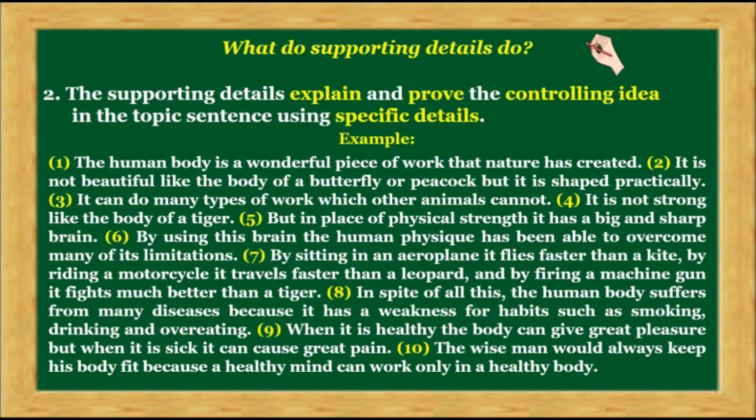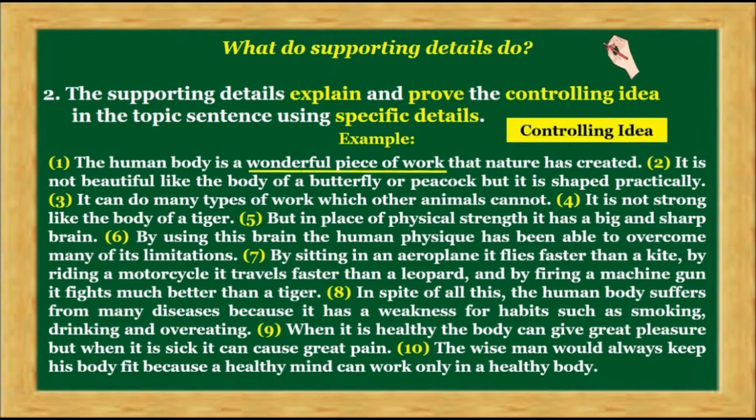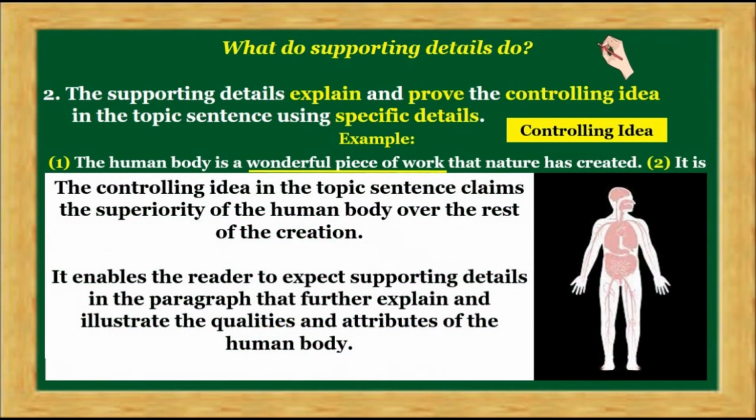In that paragraph, the controlling idea in the topic sentence claims the superiority of the human body over the rest of the creation. It enables the reader to expect supporting details in the paragraph that further explain and illustrate the qualities and attributes of the human body.